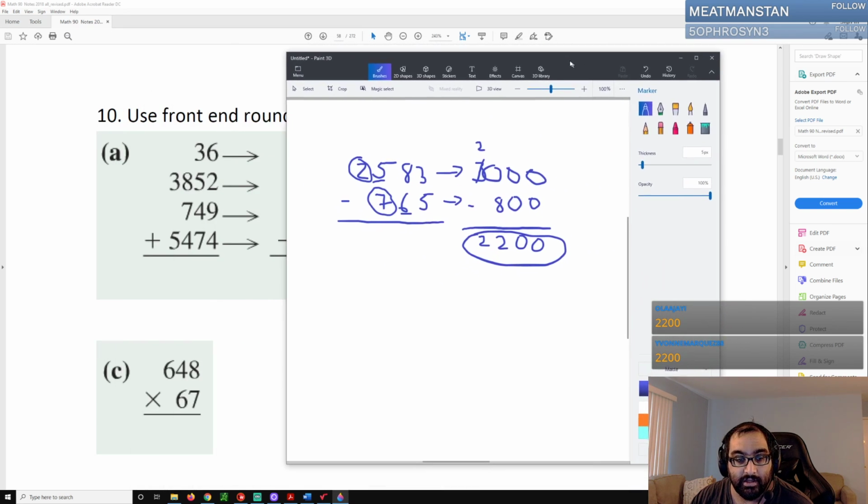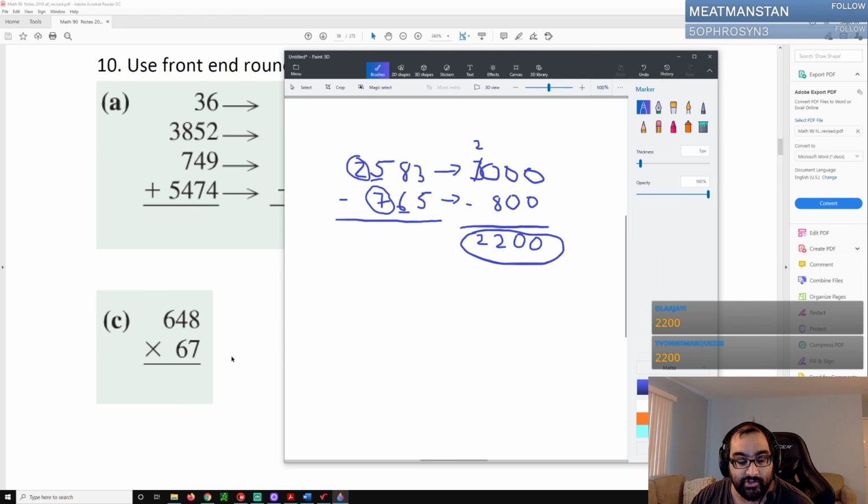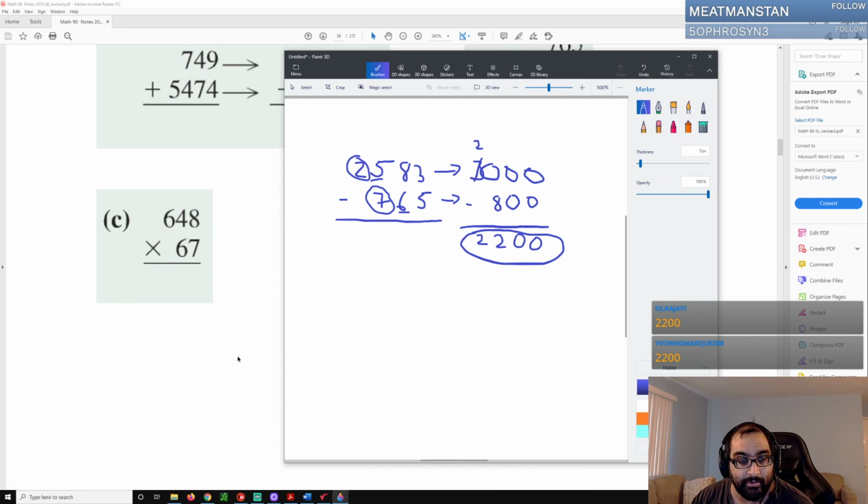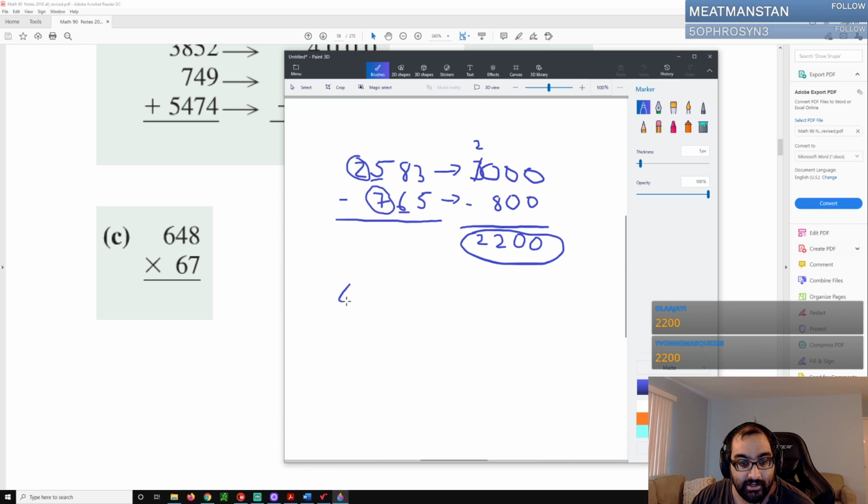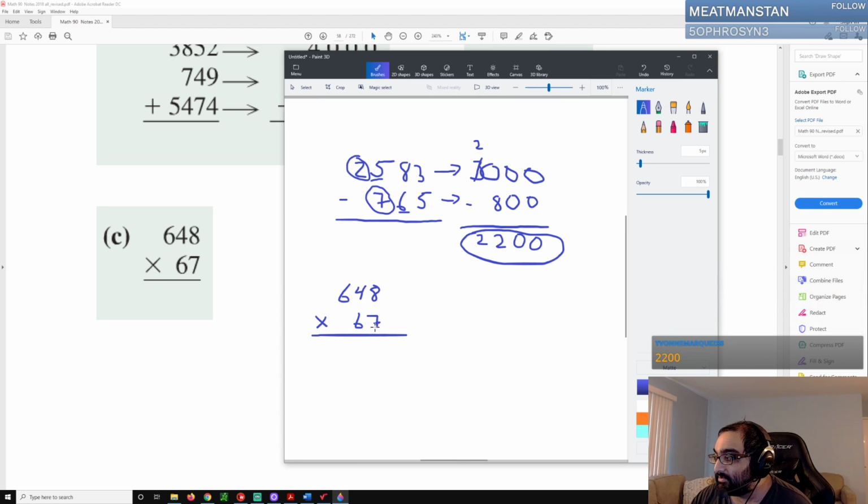Okay, let's go ahead and try this next one as well. I want to do just a couple, just 2 of these, so that you know what front-end rounding is. So here we have 648 times 67.